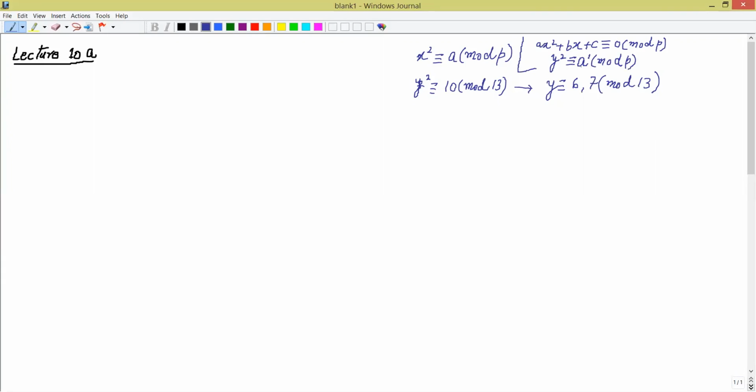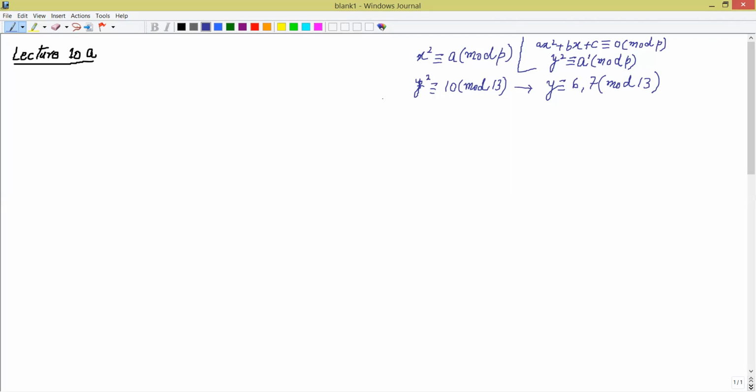So if we are able to find the solution for y square congruent to a prime modulo p, then we will be able to find the solution for ax square plus bx plus c congruent to 0 modulo p. That has already been discussed in the last lecture. So this congruence is solvable, and the solution is 6 and 7. If we put 6 here, we get 6 satisfying this congruence and 7 also satisfying this congruence.